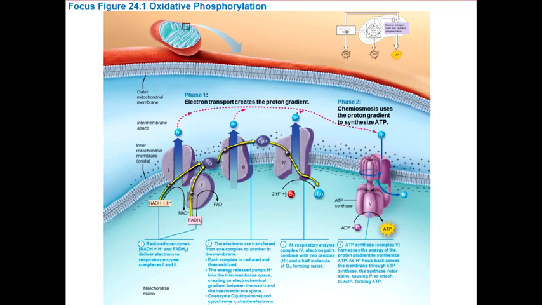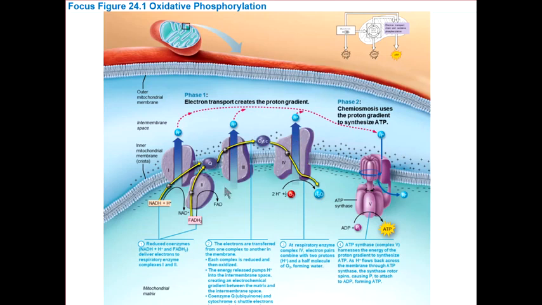Basically they're losing their electrons, and those electrons will travel through these enzyme complexes. From 1 and 2, they'll go to 3, and there's a coenzyme here that shuffles the electron from one enzyme complex to another. Then cytochrome C transports it from complex 3 to complex 4.